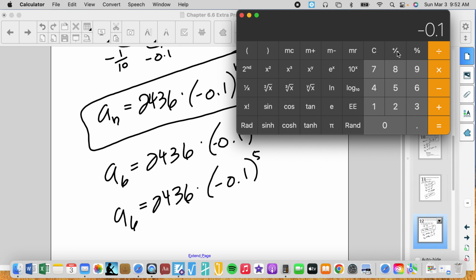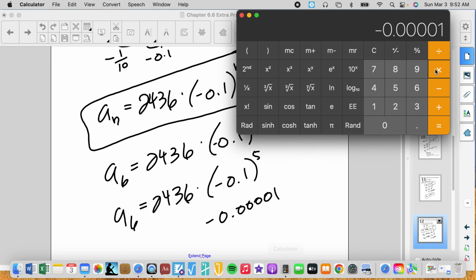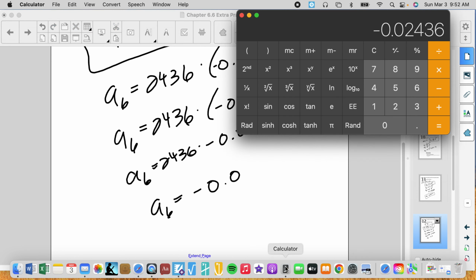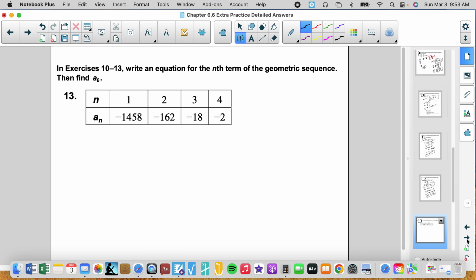Negative 0.00001, I knew it was going to be 4, times 2436. So the sixth term in the sequence is negative 0.0246. Okay, great.